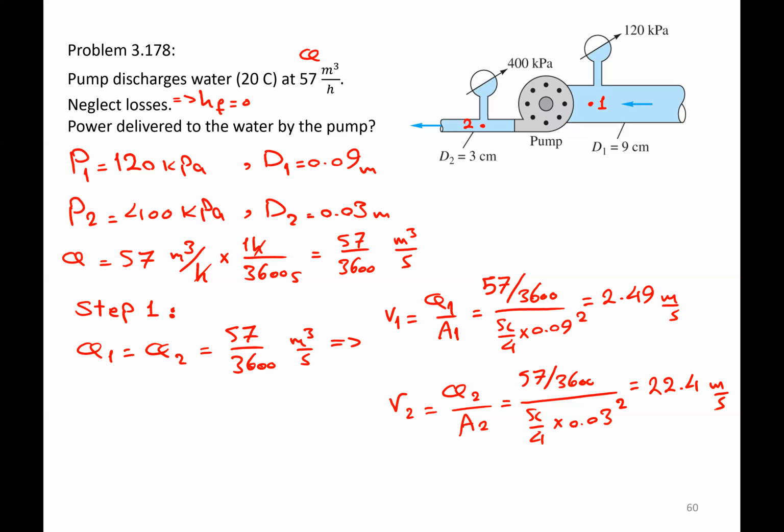So that's step 1. Step 2 is writing the energy balance equation between points 1 and 2. Actually, the head form of the energy balance equation is like this: energy at point 1 plus head of the pump is equal to energy at point 2 plus head of the turbine plus friction losses.